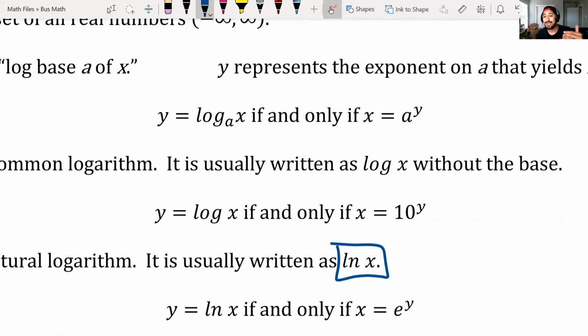And for the natural log, if you do not see a base, well, that base is always the number e. So I could rewrite this as the natural log base e of x. That's it. Natural log will always have a base of e. But we know that, so we don't have to write it like that. We just write it as the natural log of x. That's it.